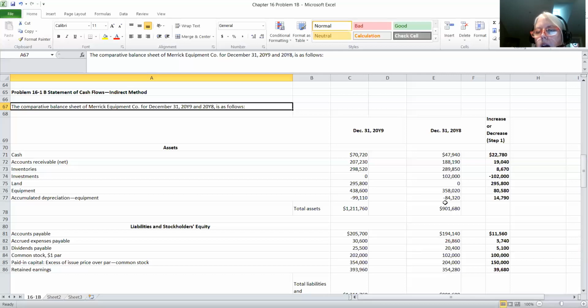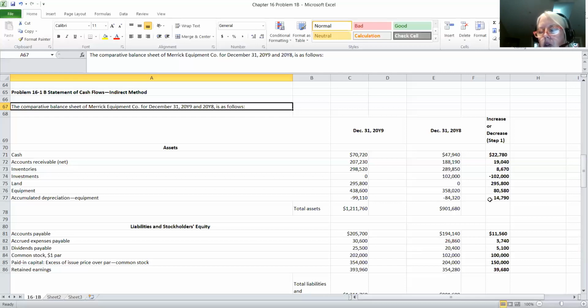So they had a credit balance at the end of 2008 of 84,320. By 2009, that had increased to 99,110. What that tells us is that we had some depreciation expense during this period of time, and we created an adjusting entry for the depreciation expense.